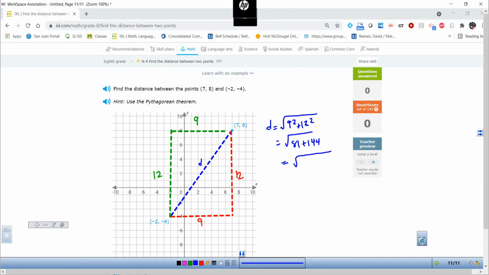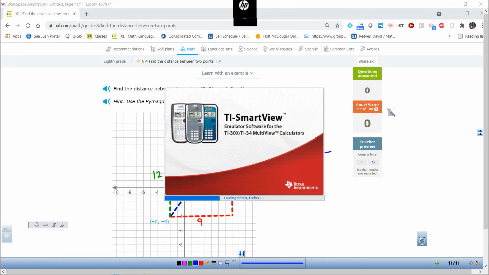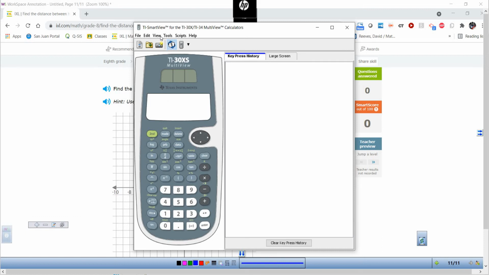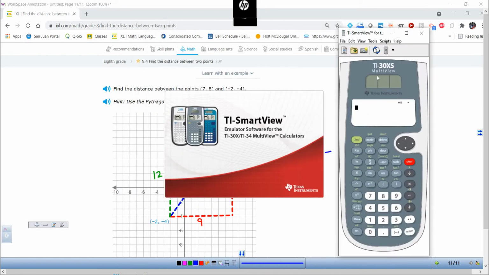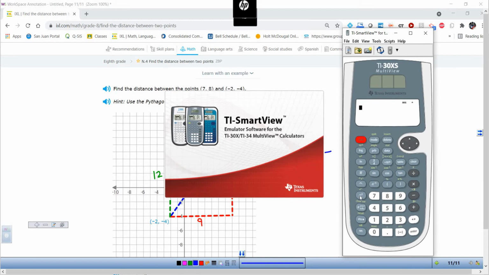Or what's that going to be? 251? Let me check on my handy dandy calculator, which of course I did not open before I started the video. Mr. Reeves, when are you going to learn? All right, here we go. What did we want to do? We wanted to do the square root of 81 plus 144.